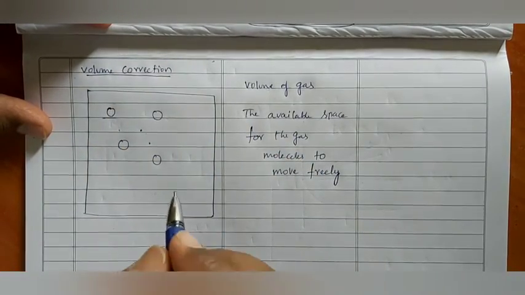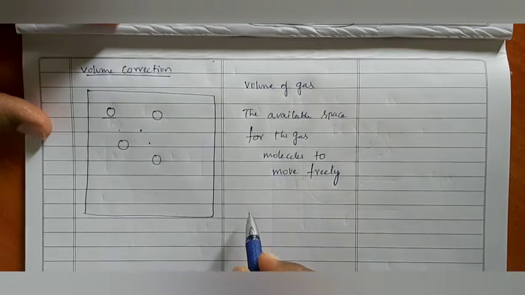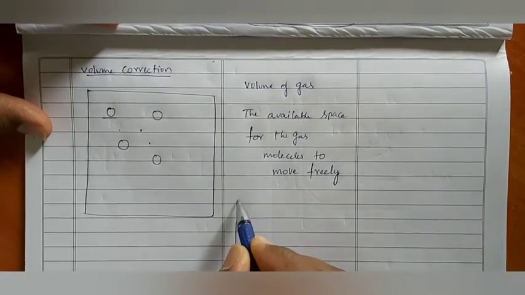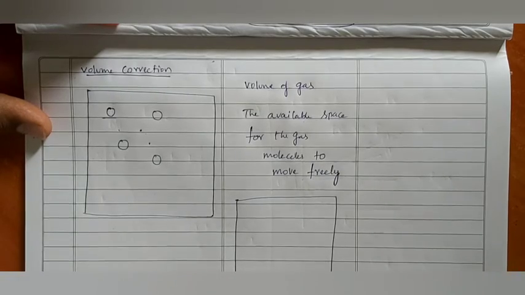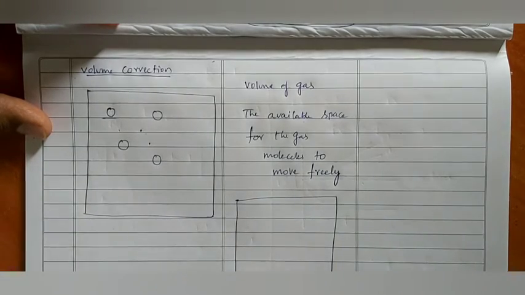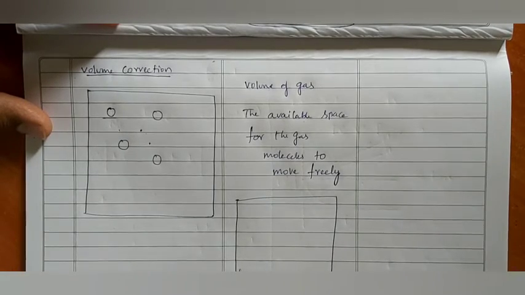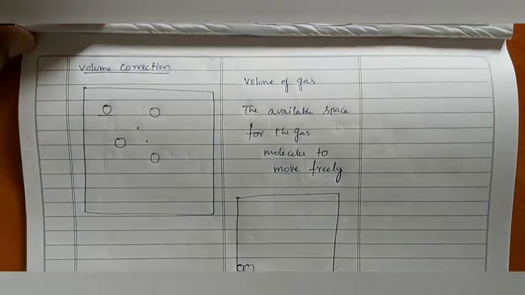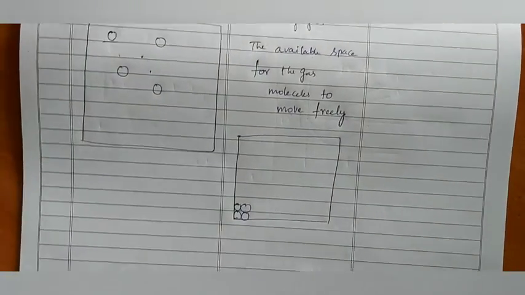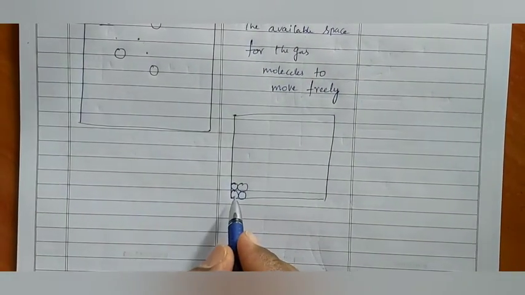But the practical explanation is, observe, in this container I have 4 molecules of gas. I made those 4 molecules be in one corner.